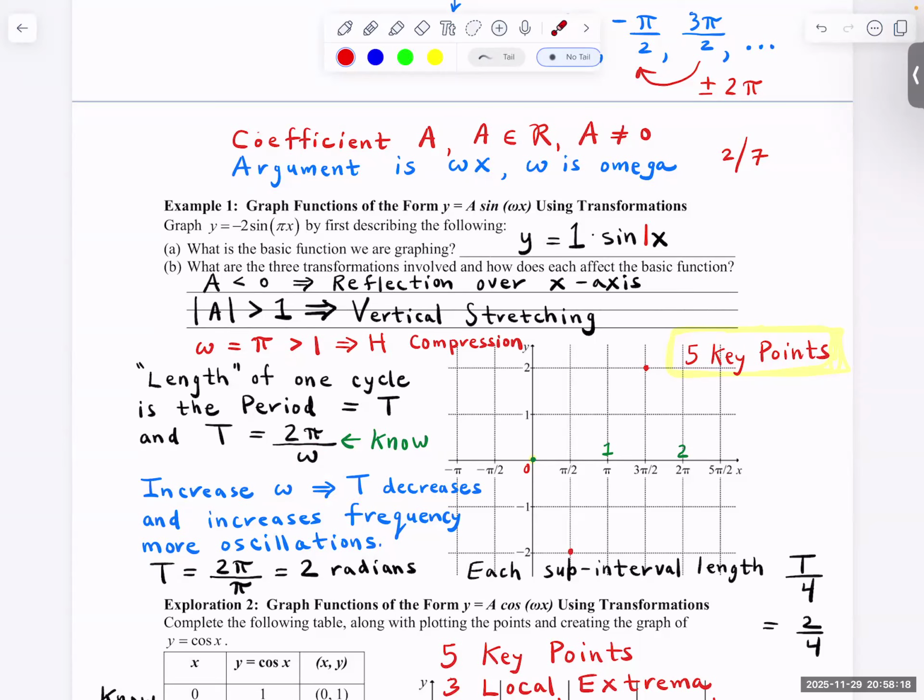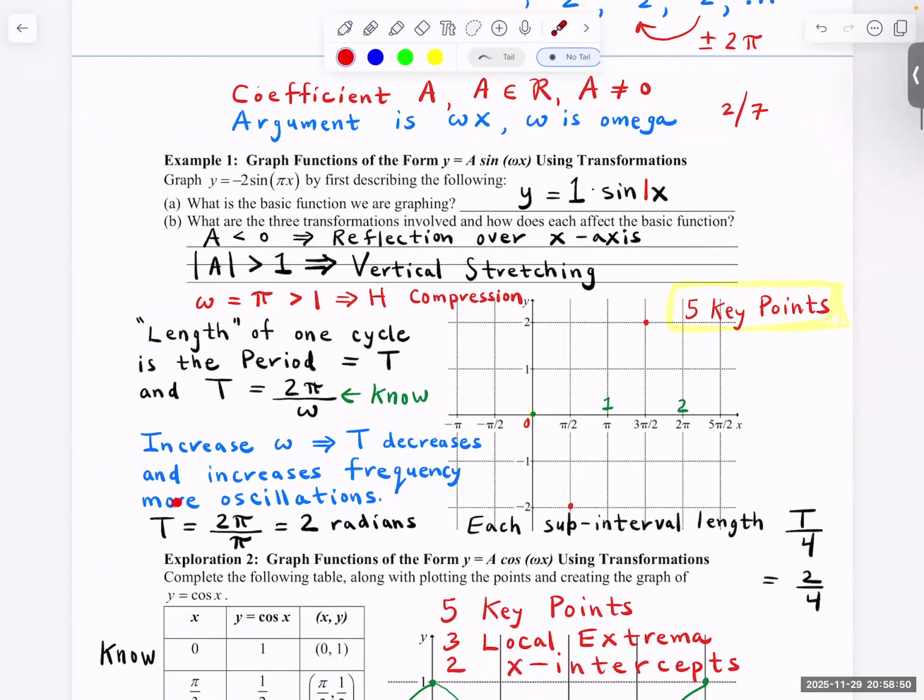And this will increase the frequency, because if the period, which is the length of one cycle, decreases, that means the graph is going to complete more cycles in the standard length of 0 to 2 pi, and thus has increased frequency. And that means it will have more oscillations and complete more cycles from 0 to 2 pi.